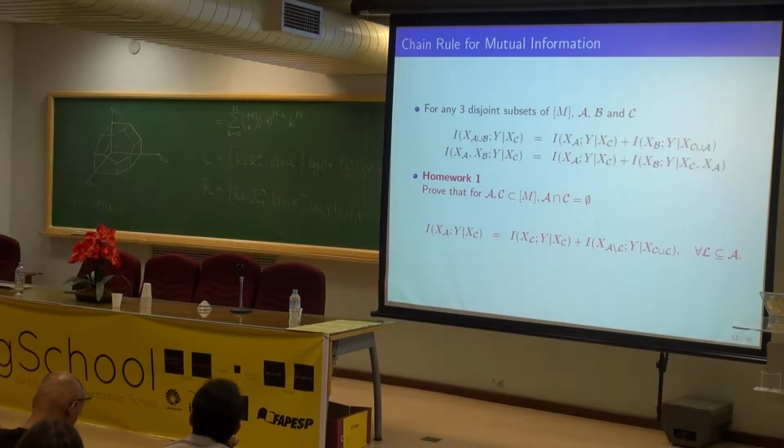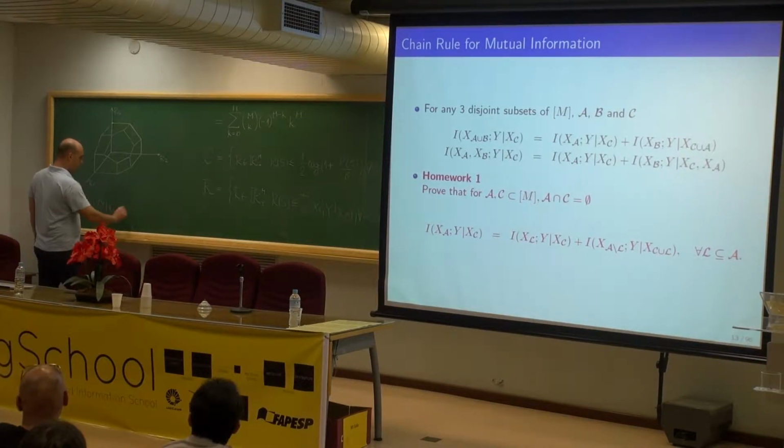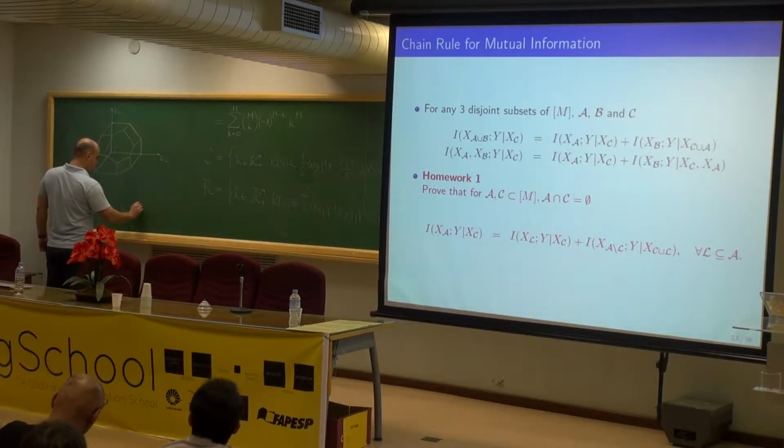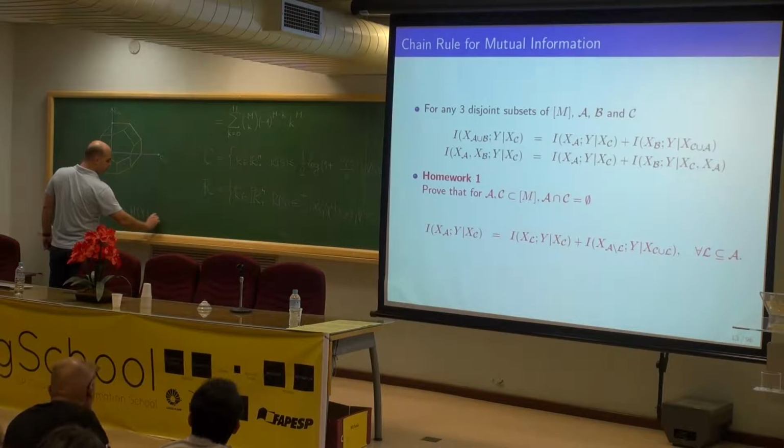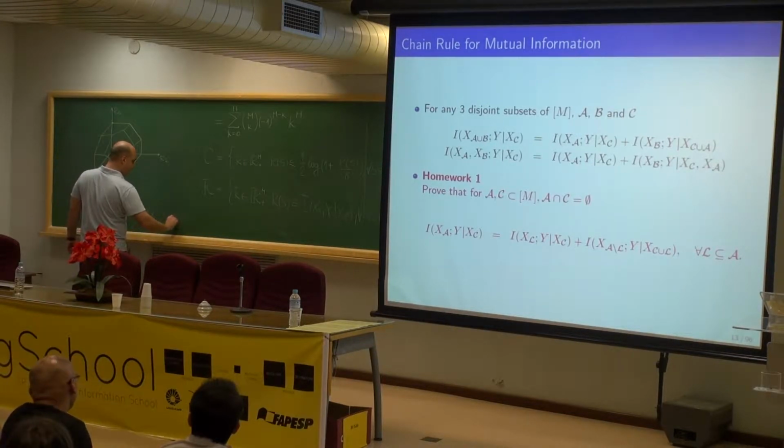And what do we have on the right? We have mutual information of XL and Y given XC. So how about subtracting H of Y given XC union L and adding the same thing?